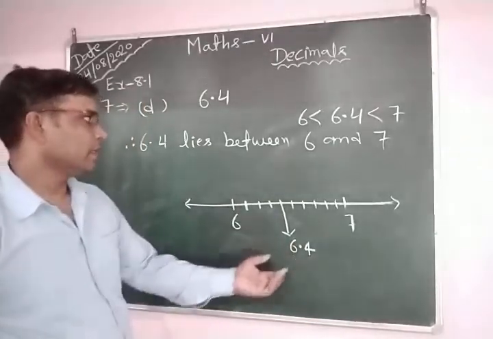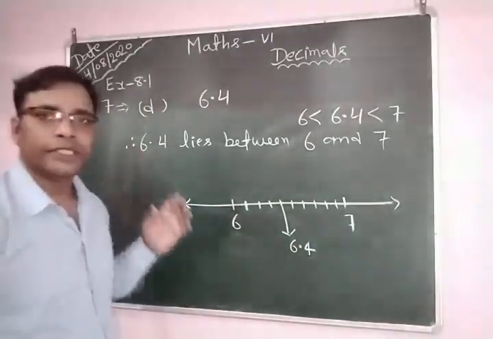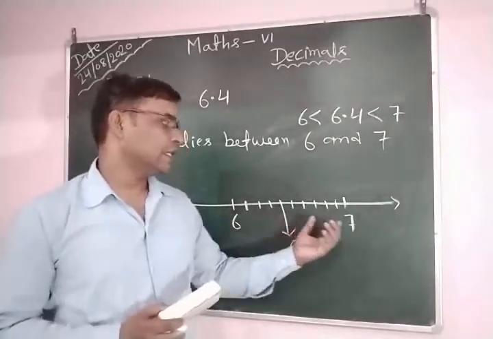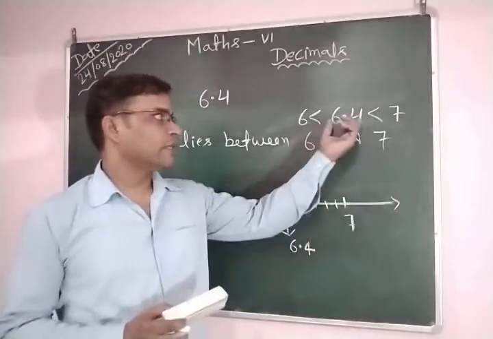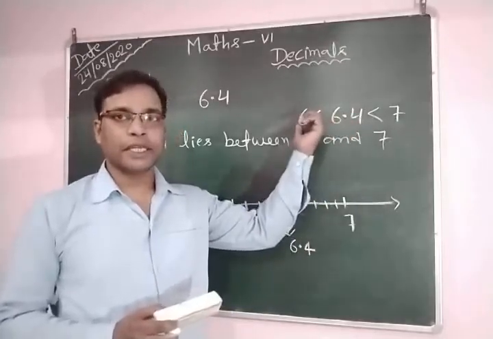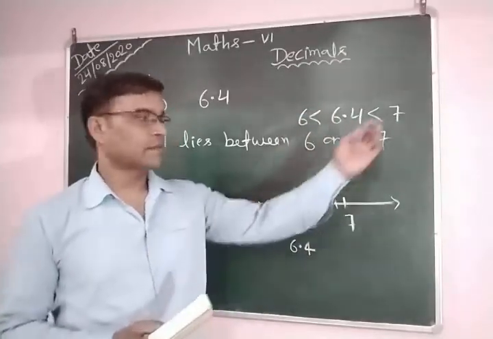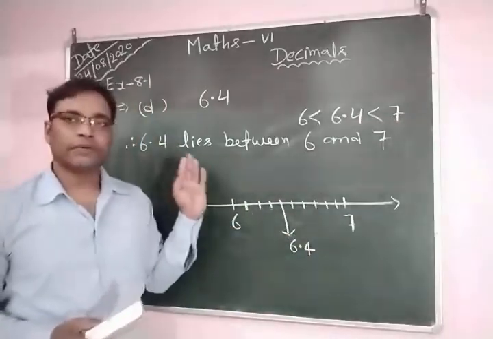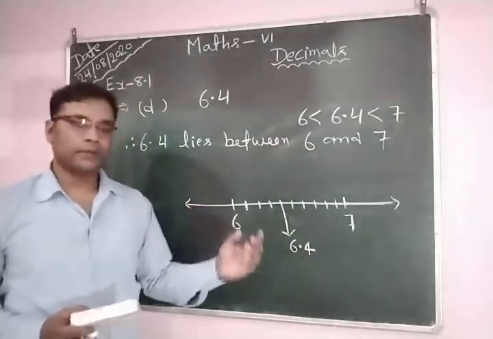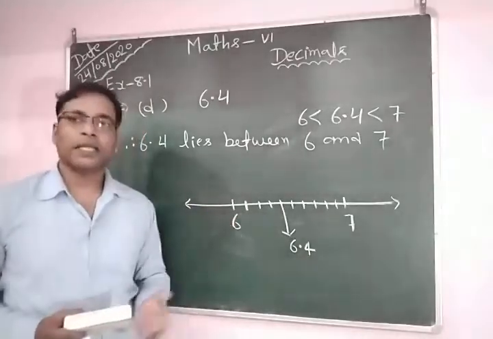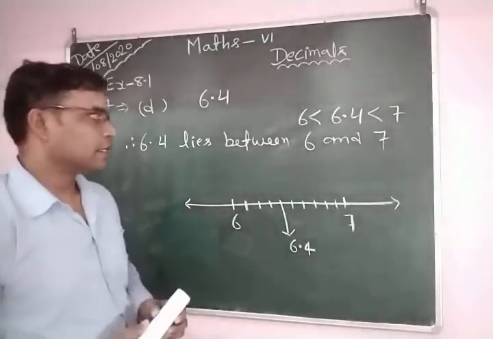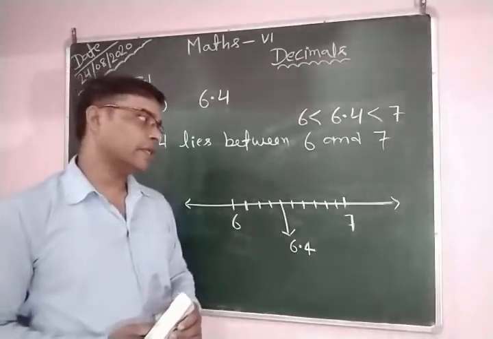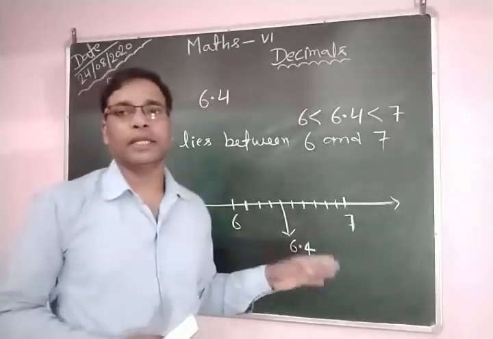Okay, so you can see here 6.4 lies between 6 and 7, because 6.4 is greater than 6 and less than 7. So we can say 6.4 lies between 6 and 7 on this number line. And you also find which whole number 6.4 is nearest to, 6 or 7.